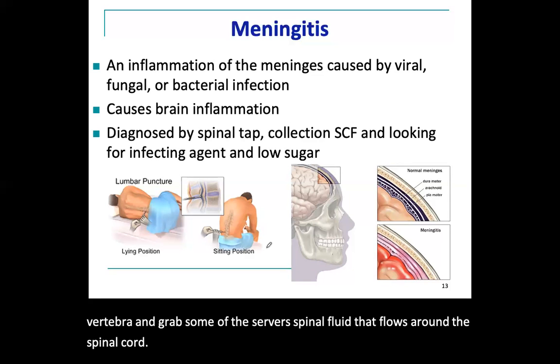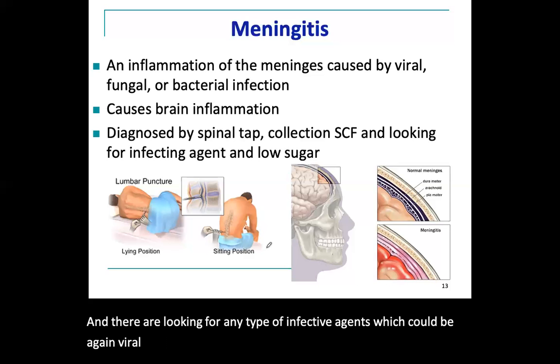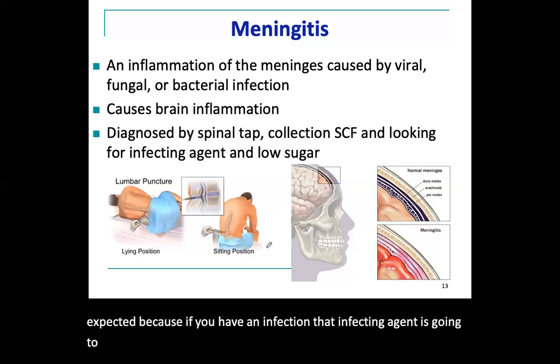And they are looking for any type of infective agent, which could be, again, viral, fungal, or bacterial infection, and a lower level of sugar than expected. Because if you have an infection, that infecting agent is going to actively consume the sugar, causing the sugar level to be lower than usual if it was a healthy individual.